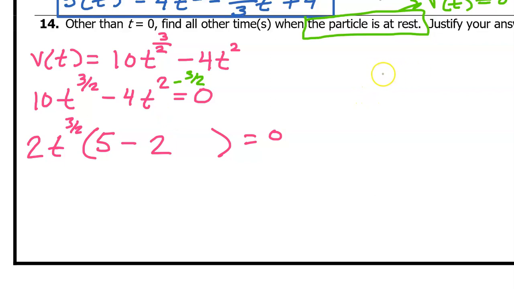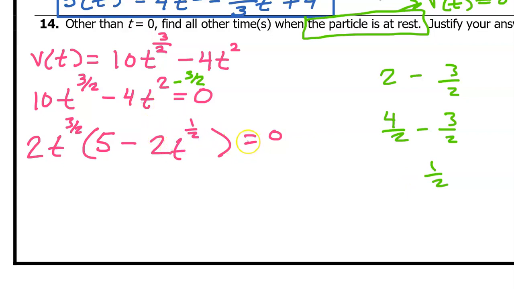Maybe I'll do this off to the side. So we have 2 minus 3/2. 2 is the same thing as 4/2. 4/2 minus 3/2 is 1/2. So I end up with 2t to the 1/2 power.